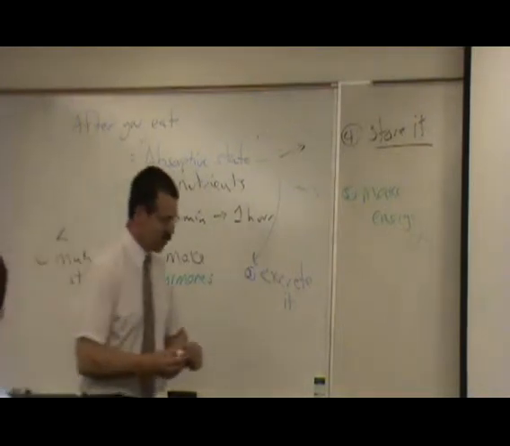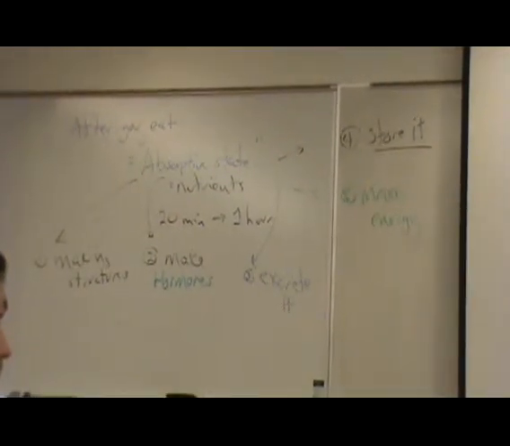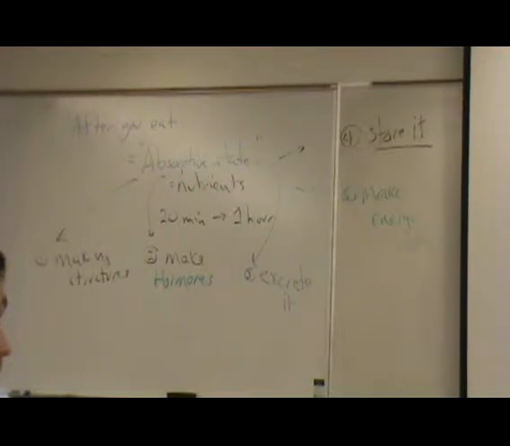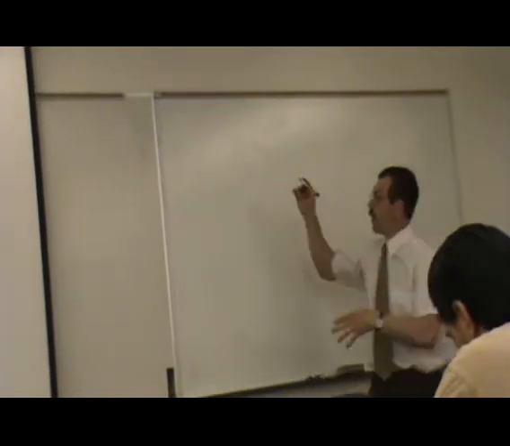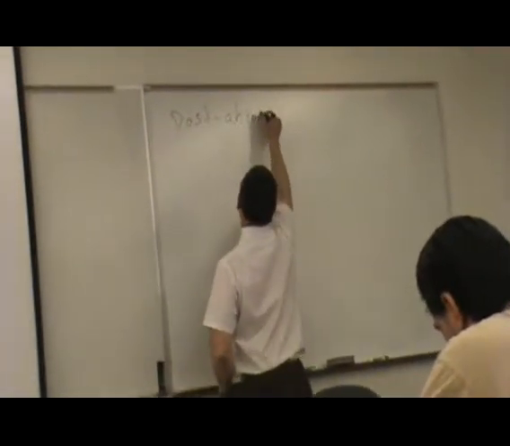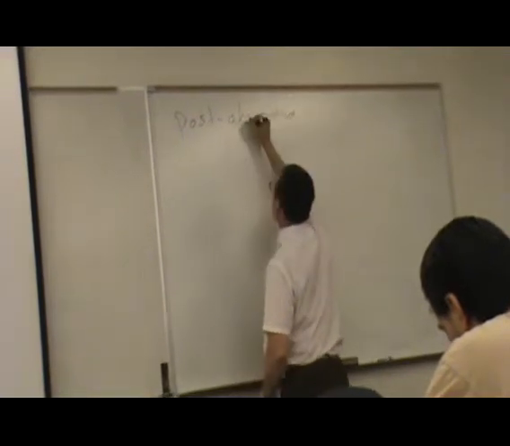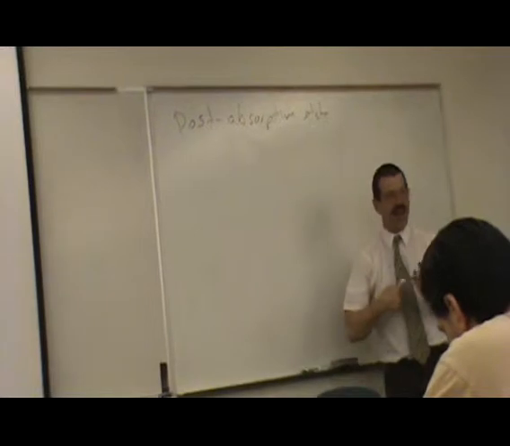Okay, now let's go over here and do something later. So it's been longer than an hour or whatever. What state are you in if you're no longer absorbing? It'll be after I absorb, therefore it's going to be the post-absorptive state. So this will be after that hour and a half.